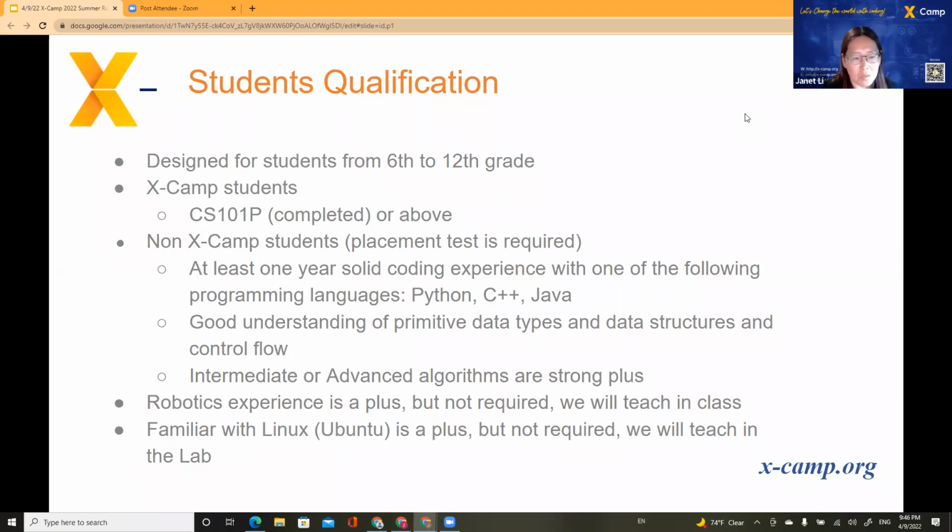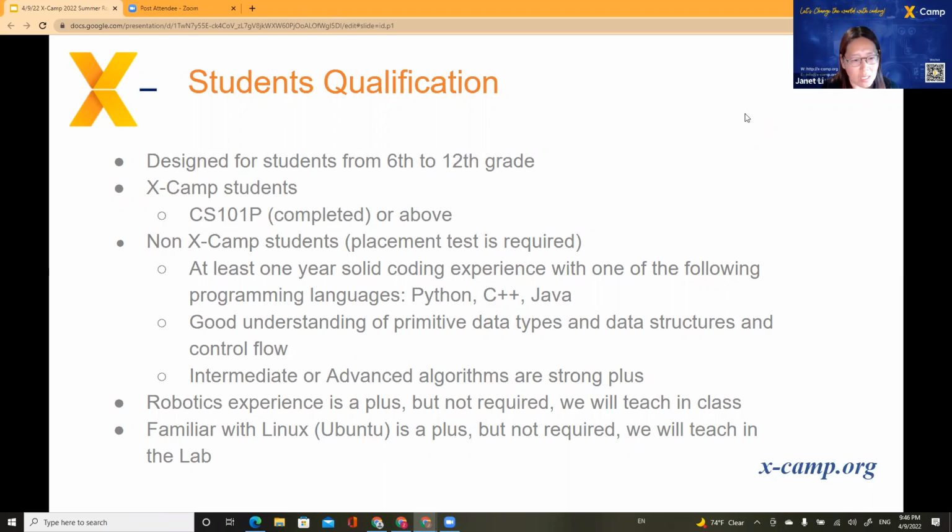And the student will need a good understanding of the basic data types, data structures, and control flow. If you have intermediate and advanced algorithm knowledge, that's a strong plus, but it's not a requirement. Robotics experience is also a plus, but not required. We will teach that in this class. And familiarity with Linux is also a plus, not a requirement.